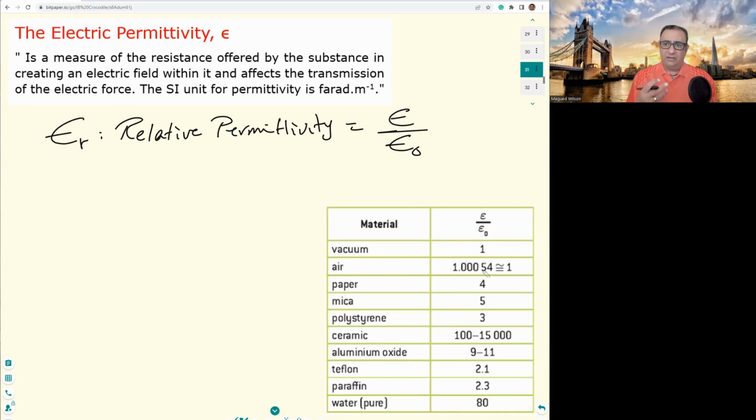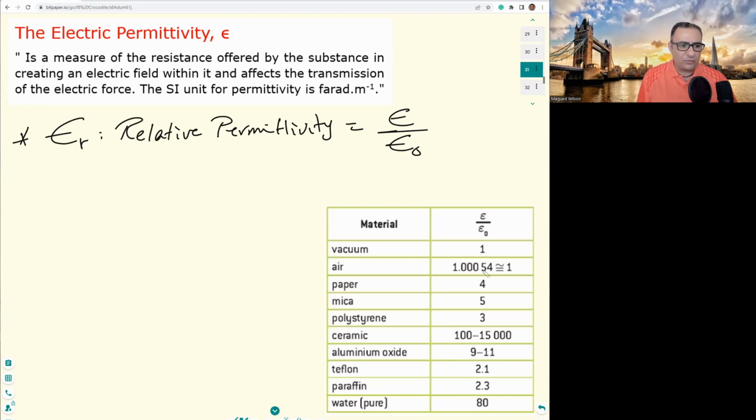But again, in terms of problems in physics for IB, we take the same value for both air and vacuum. Okay. So epsilon r is one way to give you an indication in the question that the medium is not air. So one option, if you see epsilon r, you need to use epsilon.